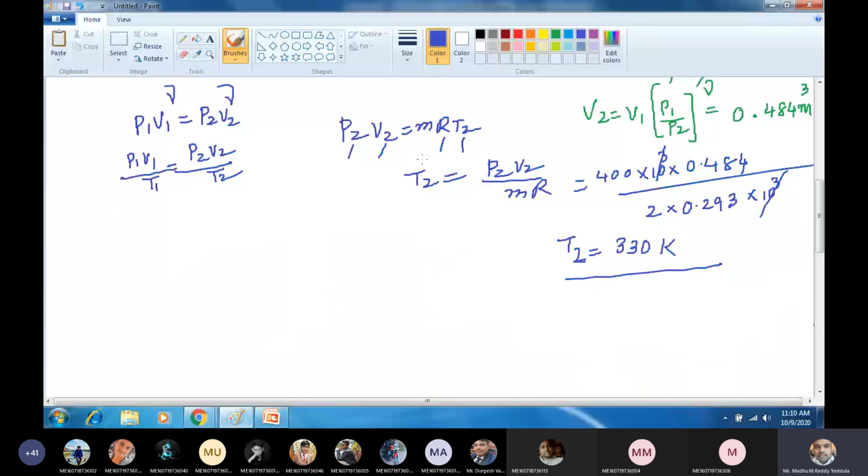Next it is asking for work done. What is the work done formula during the adiabatic process?